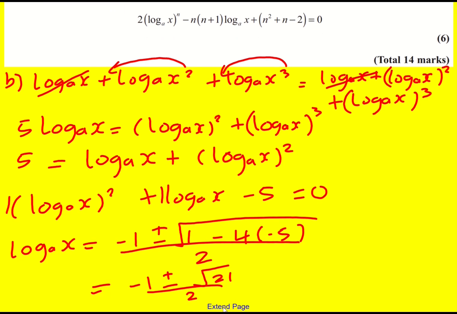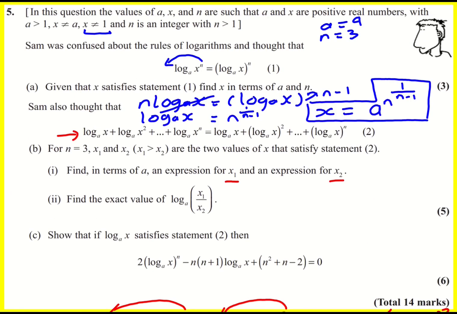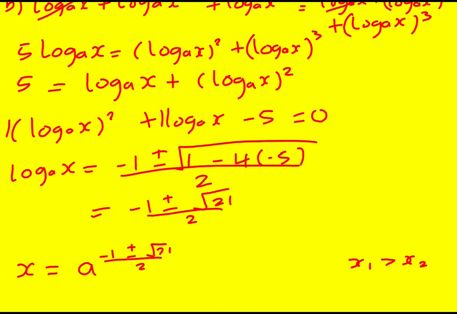And therefore, x is going to equal a to the power of minus 1 plus or minus root 21 over 2. Now remember, we had that x1 was greater than x2. And a is a positive base, I believe, or greater than 1 even.